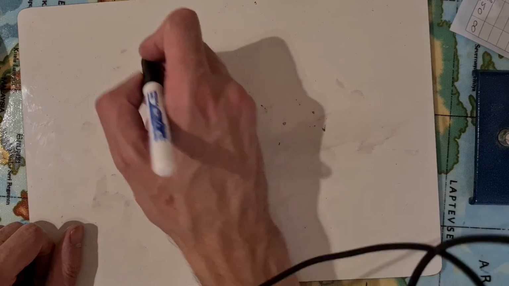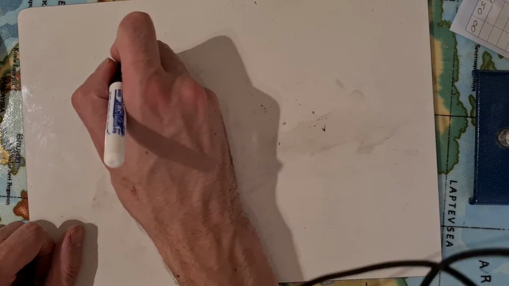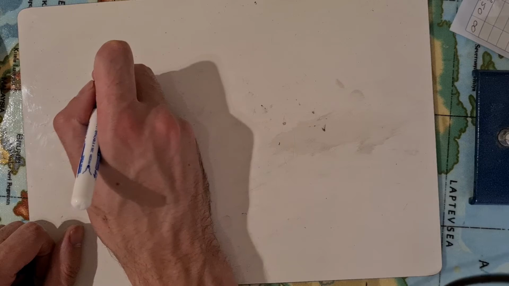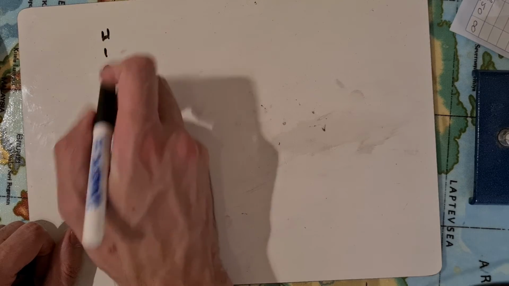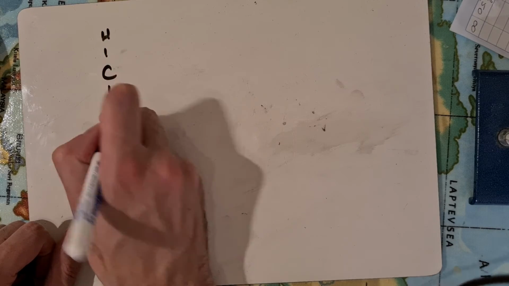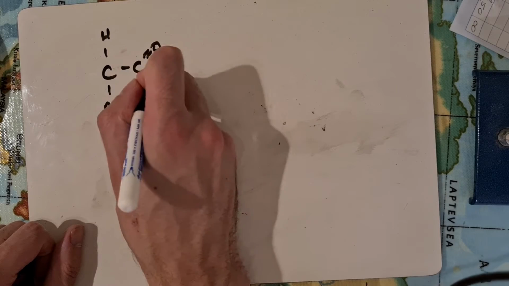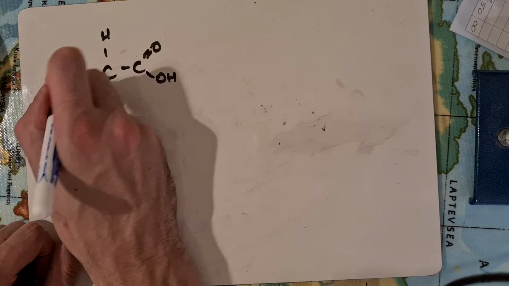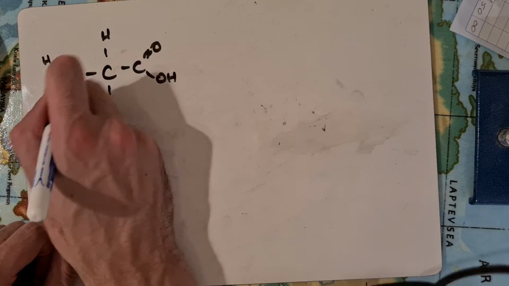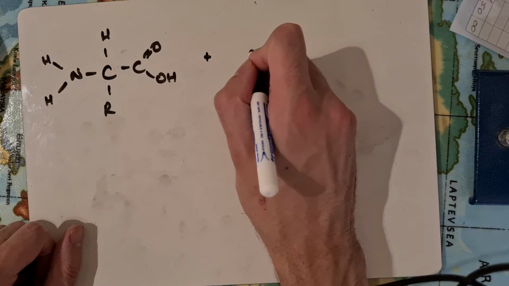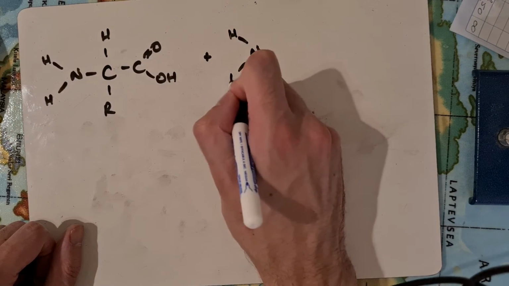From a single monomer, if we take the general formula of an amino acid, I'm going to react it with another amino acid.